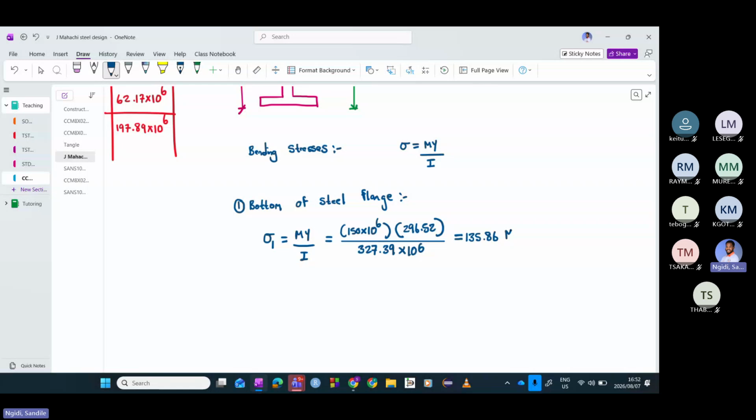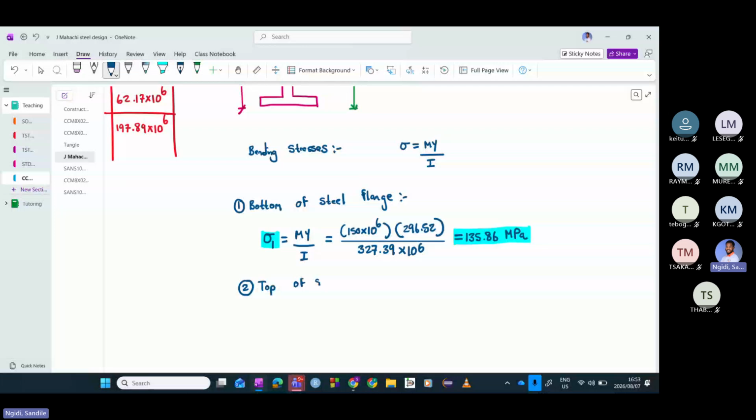and find the stress on top of the steel flange. So finding the stress, let's call this sigma number 2.